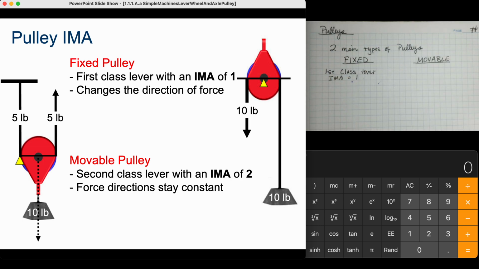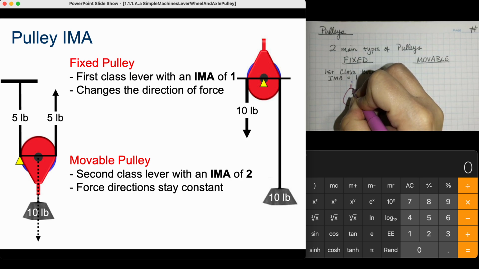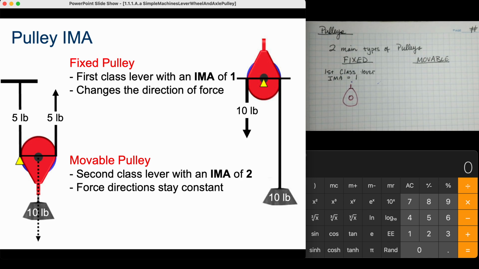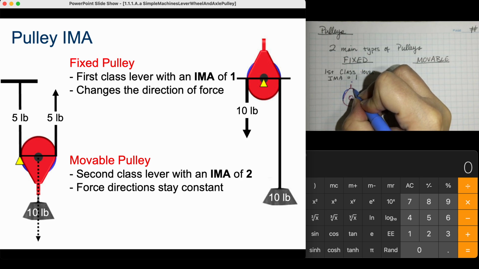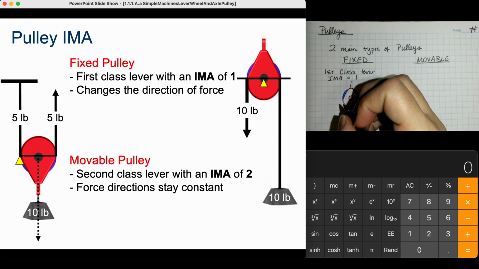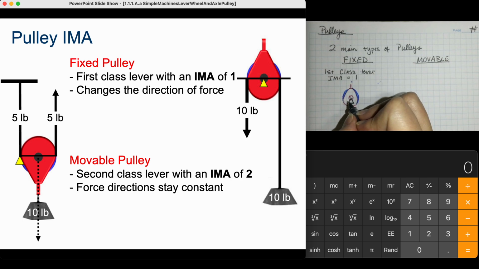And let's go ahead and draw that fixed pulley. I'm going to try to make mine look a little bit like this. And here's my little wheel sticking out. That's supposed to be my little pulley wheel on the outside there. And then we've got our fulcrum is the axle of the pulley.